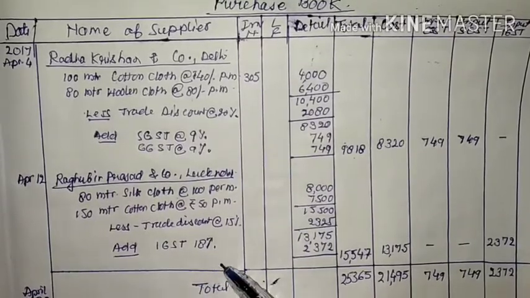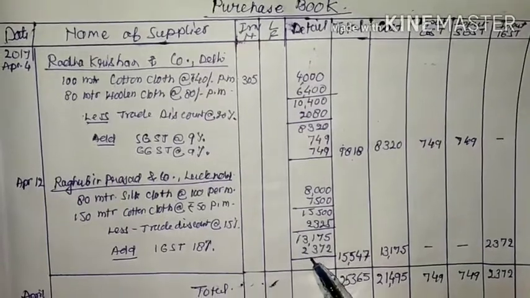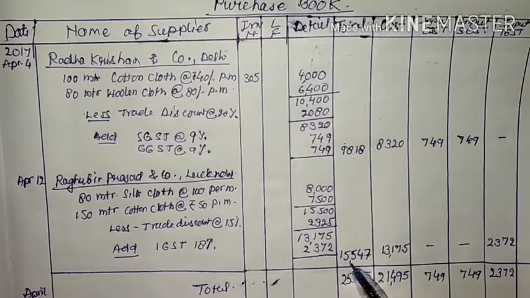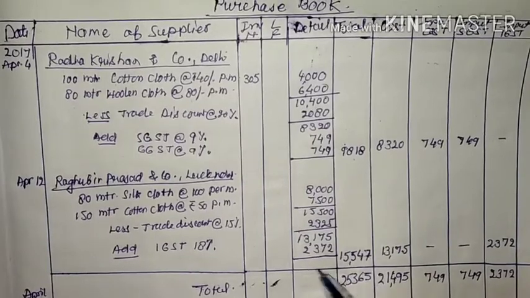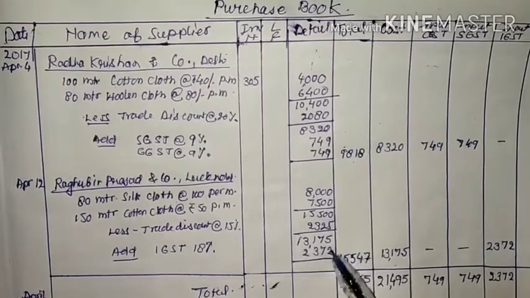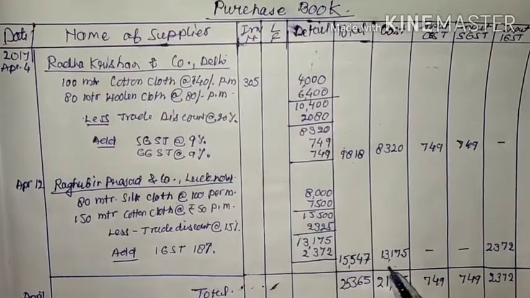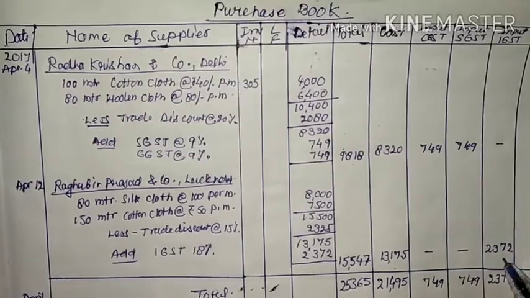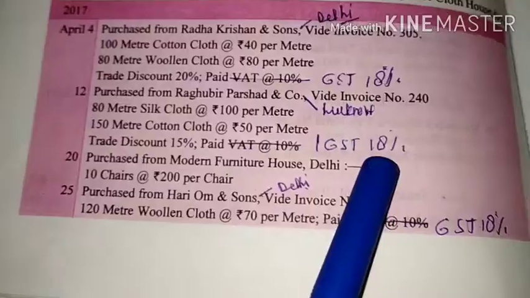So 18% IGST will be charged, that comes to 2,372. Okay, when we add this, it comes to 15,547. So here the cost is 13,175, and on this IGST is 2,372. So it is not CGST, not SGST, it is IGST. So we will keep it in the IGST column.